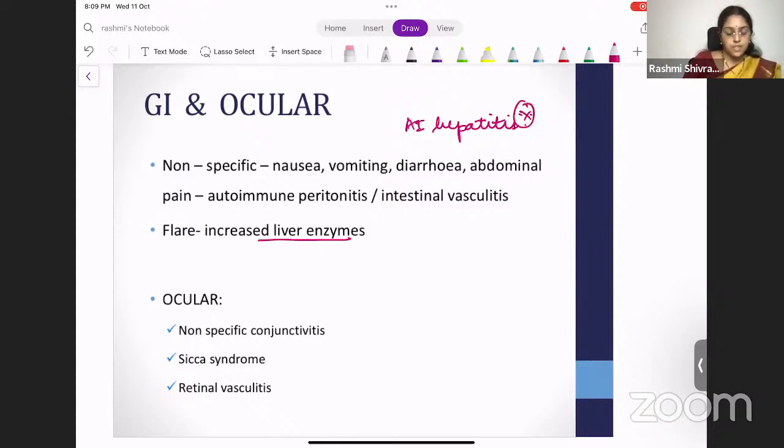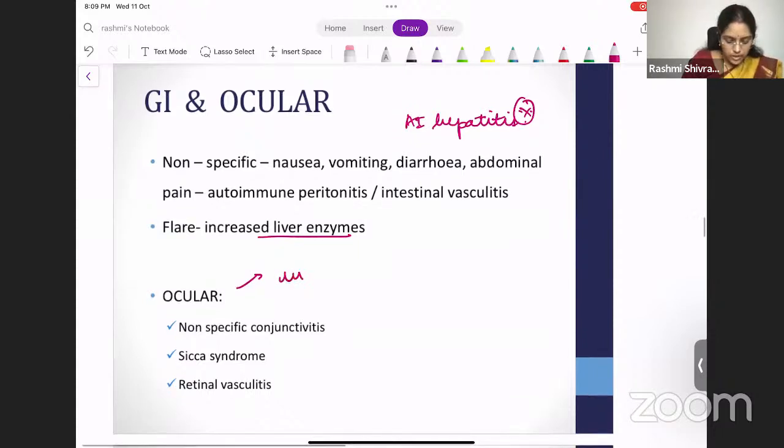Ocular manifestations: when you see an ocular manifestation in a connective tissue disease, you will immediately write the answer as uveitis. But uveitis is not seen in patients with SLE. You will find sicca syndrome, with dry eyes. Secondary Sjogren's can also be there.